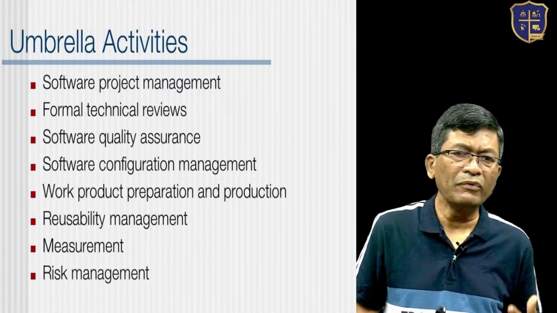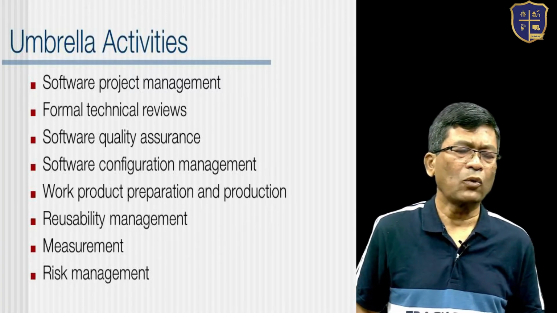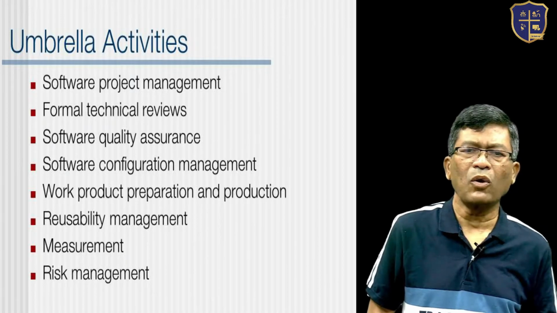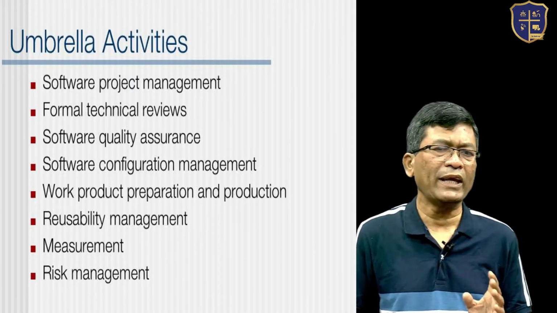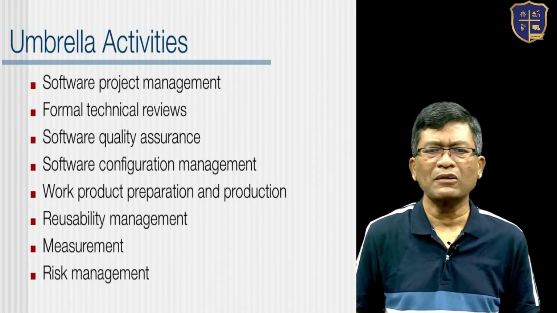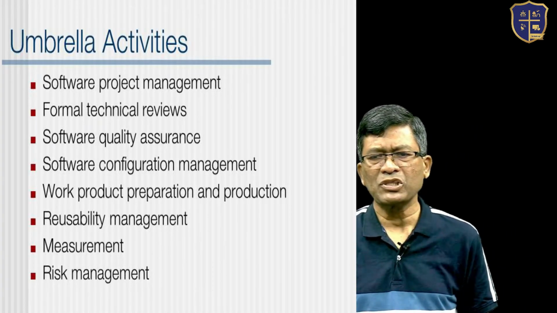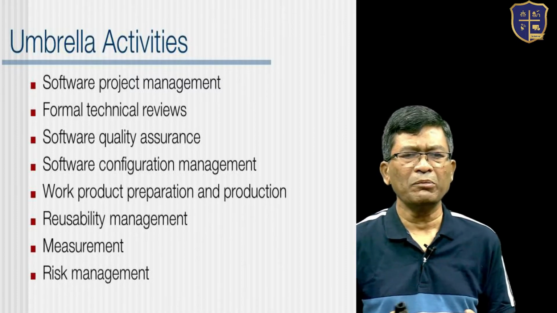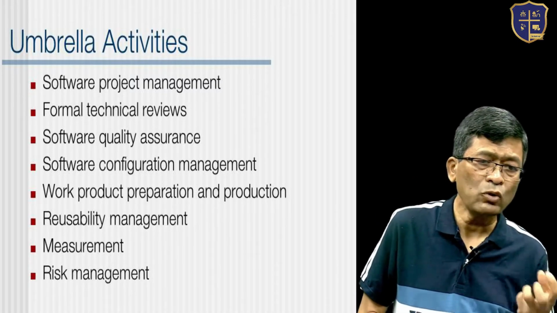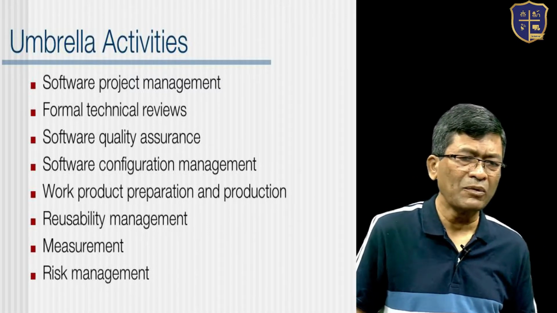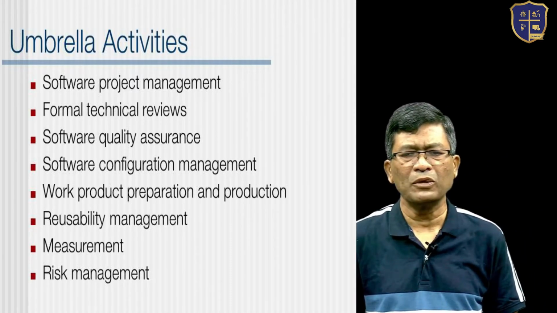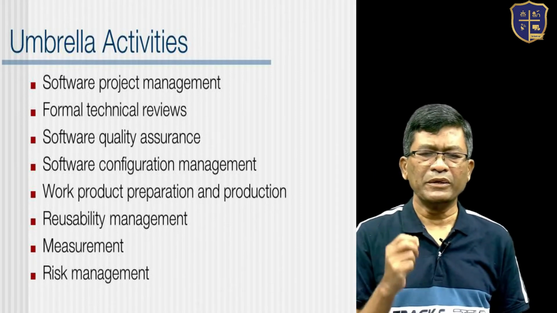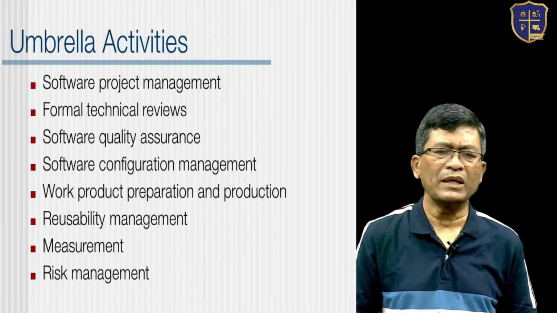Then we have technical reviews which are done regularly, and quality assurance team has to work on quality right from the first day, and configuration management guy has to take care of all the files that are part of the product, and the preparation and the production of the work product, documentation, and looking into the reusability of the work done. Some of the components have been already developed for previous projects, how to make use of them, and measure the time, defects, and the work done, etc.